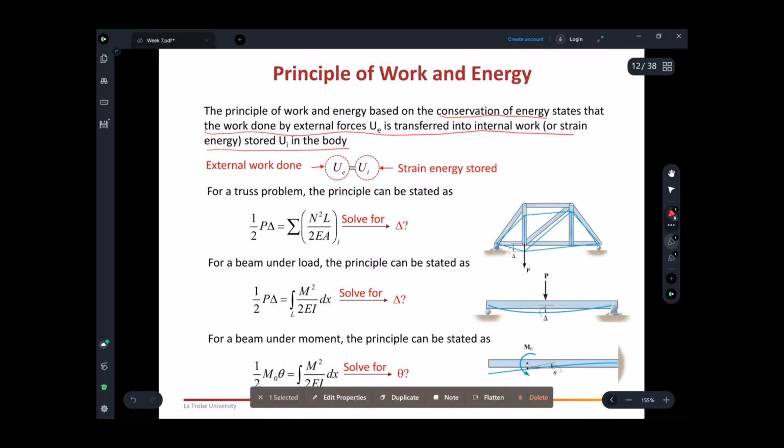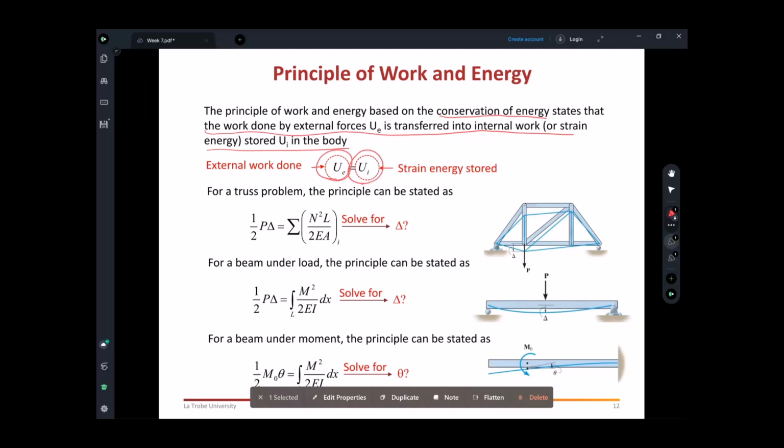It means that whatever you are applying externally, let's say you are pulling the box in a direction, you have done the work, so the same amount of energy is stored in the body as internal work. That's what conservation of energy says. So whatever you do externally should be equal to internal. The external work done should be equal to the internal work done. So I hope you understand the two quantities.